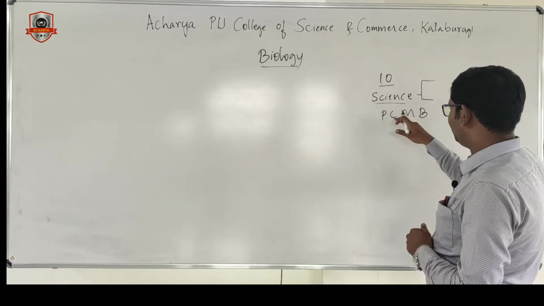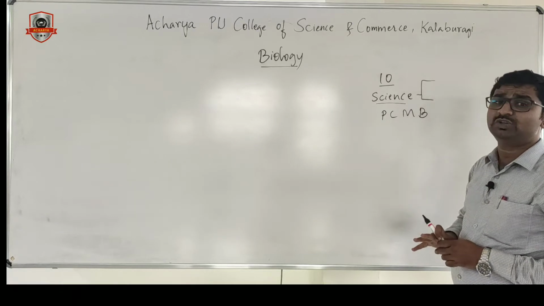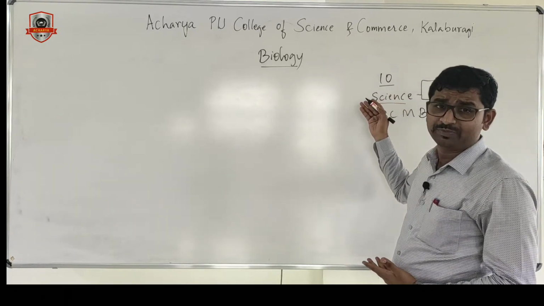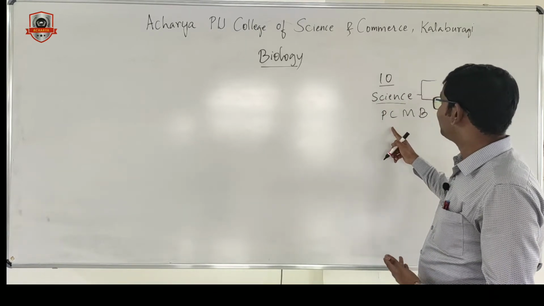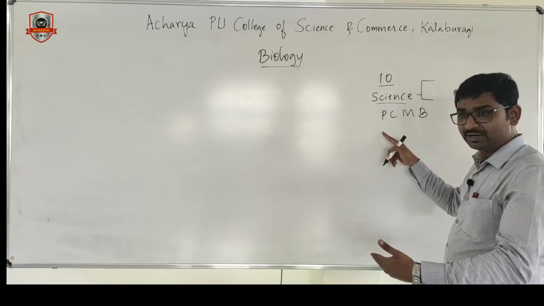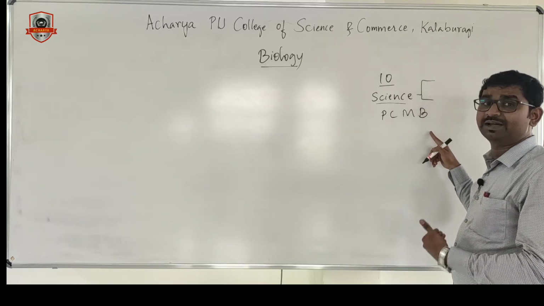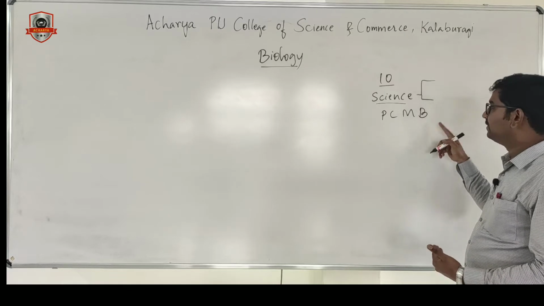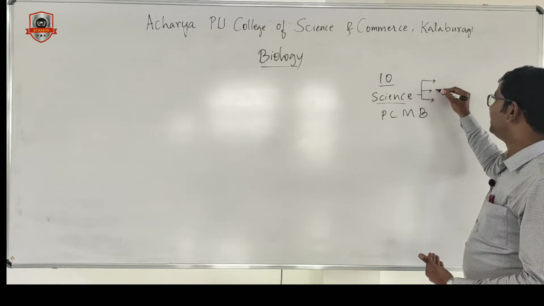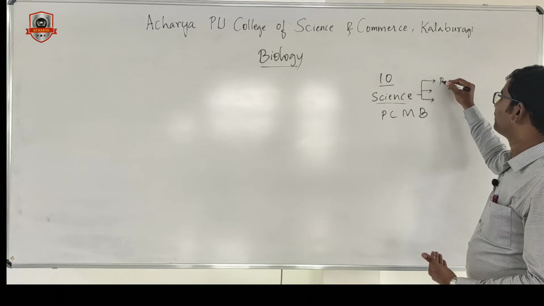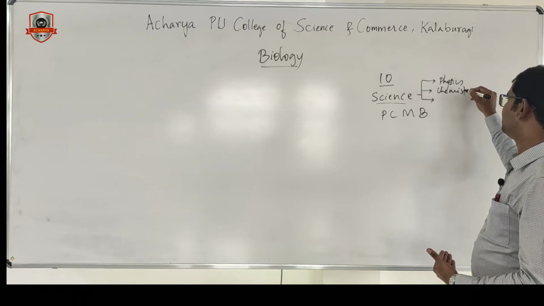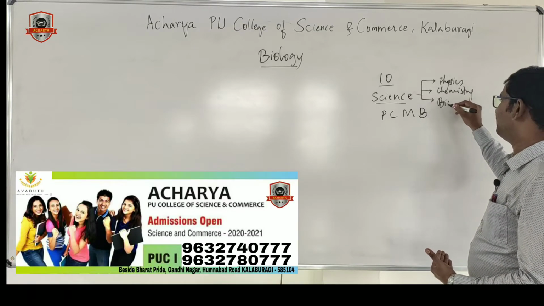Here it is divided, and each part is a 100 marks paper. In SSLC you must have studied some part of physics, some part of chemistry and biology as well.